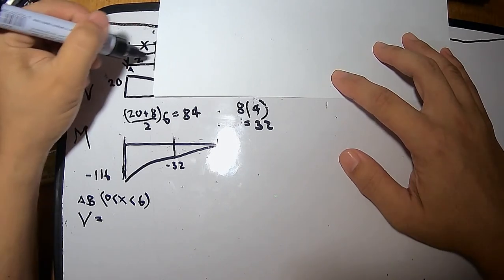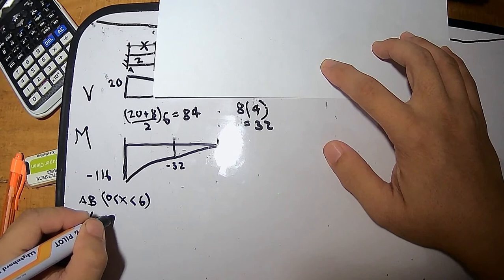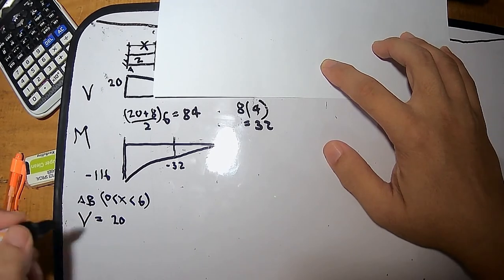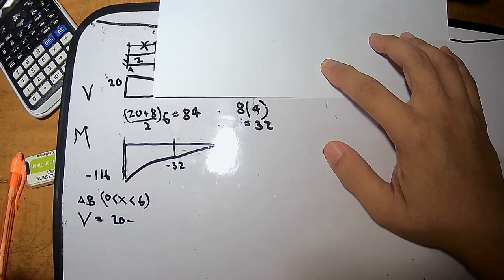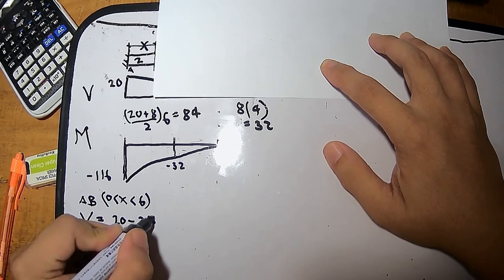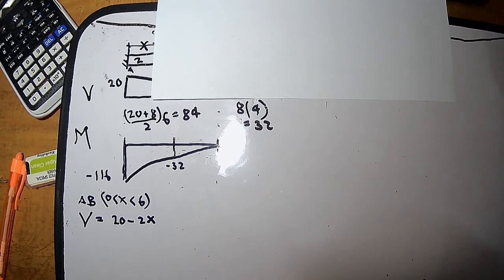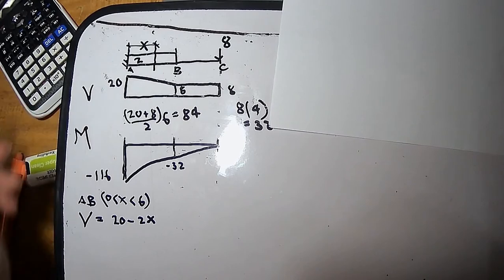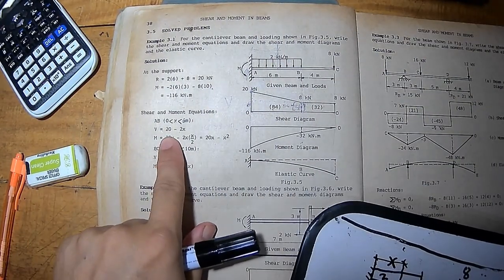Ngayon, ang forces dito sa section na yan, you have the reaction which is 20. Take note na positive siya dahil pataas. Minus yung load na 2 times X. Okay? So that is your equation for shear at AB. Okay? Ayan, 20 minus 2x.